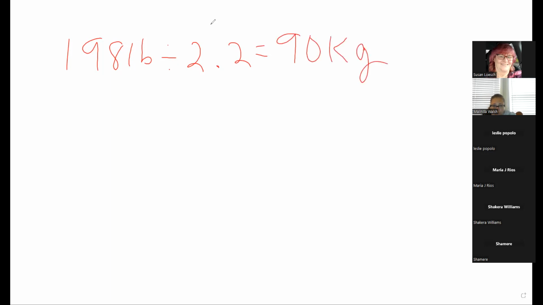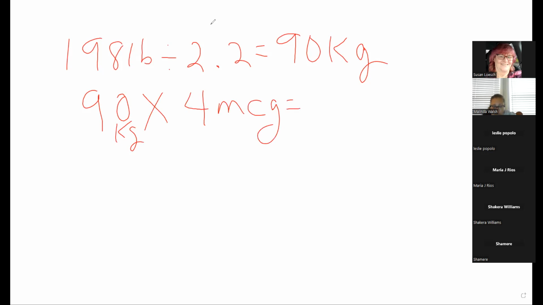Okay, now our doctor's order says we're going to administer 4 micrograms per kilogram per minute. So that means we have to take our 90 kilograms and multiply that by our doctor's order, which is 4 micrograms.